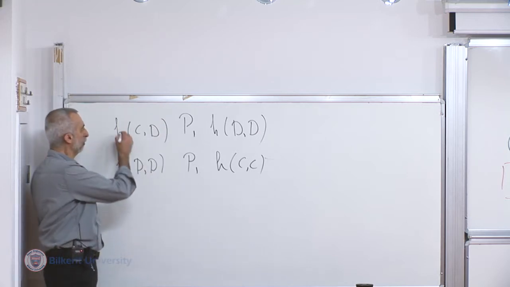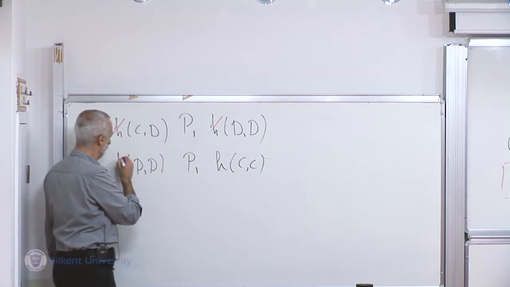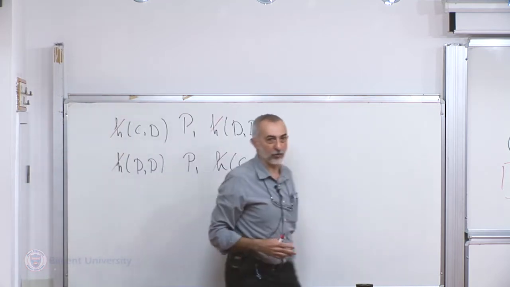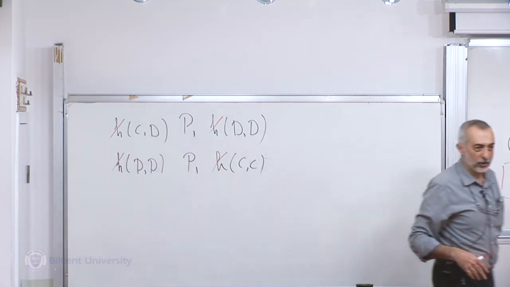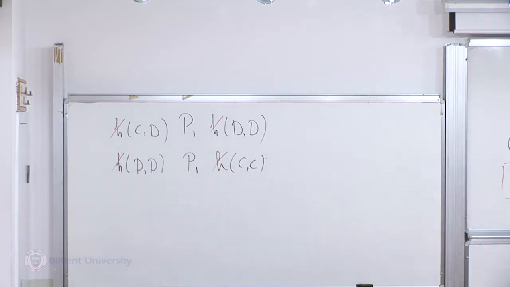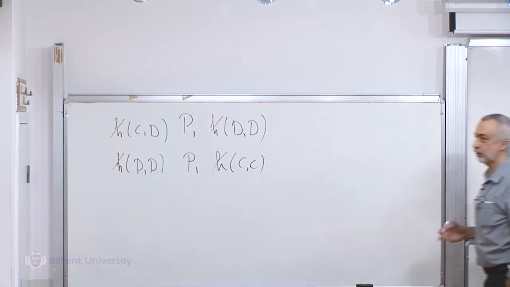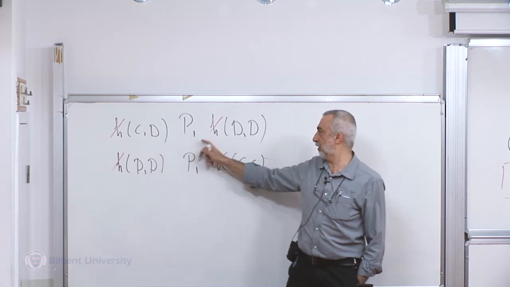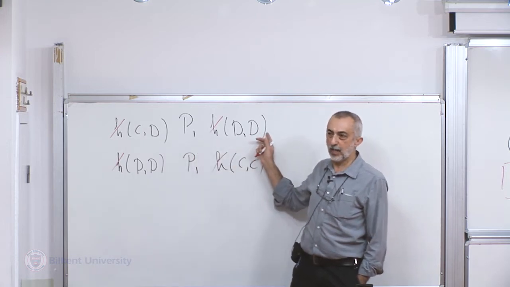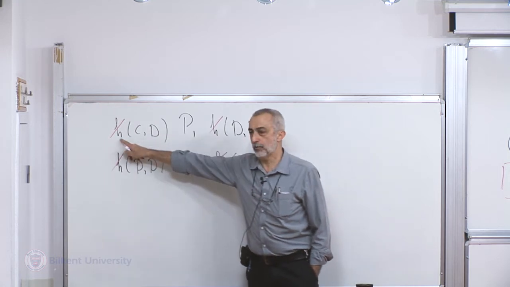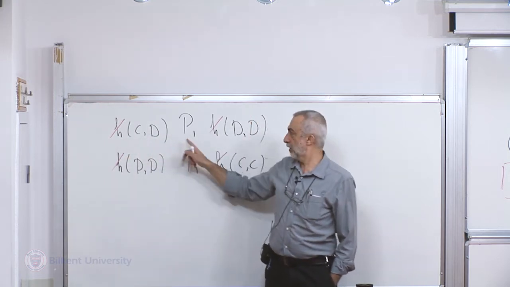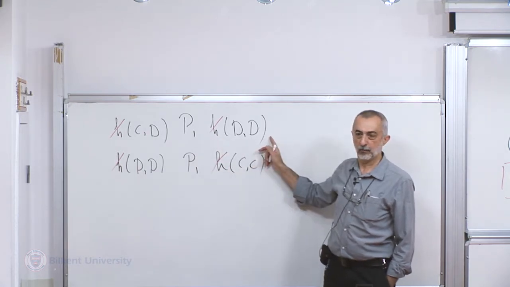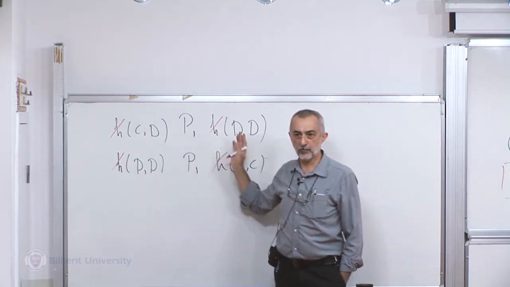Again, this is not mathematically meaningful, but I can just erase these H's that are always there. If something is always there, you can stop writing it, but keep in mind that it's always there. So I could just say CD is preferred by agent 1 to DD. What I actually mean is the outcome induced by CD is preferred by agent 1 to the outcome induced by DD. But I will just drop the outcome functions.